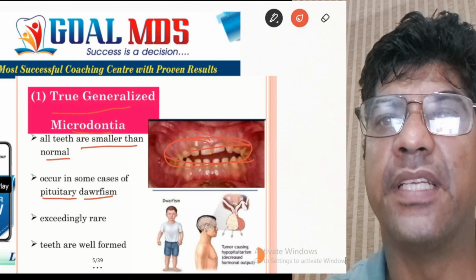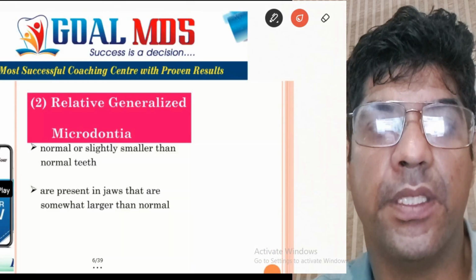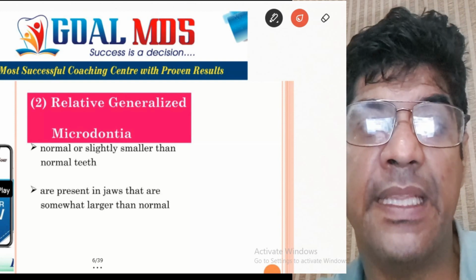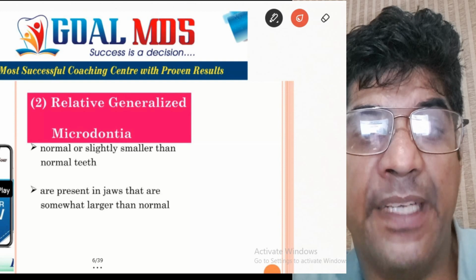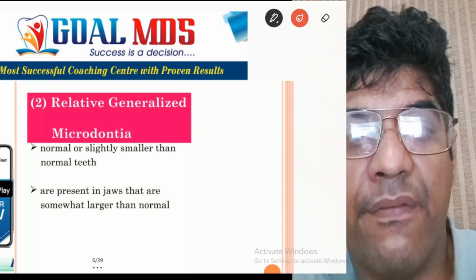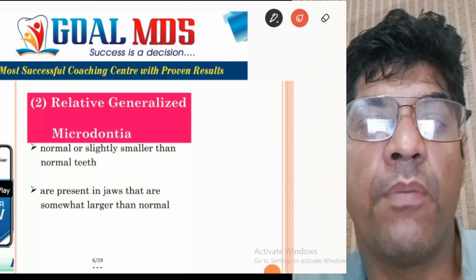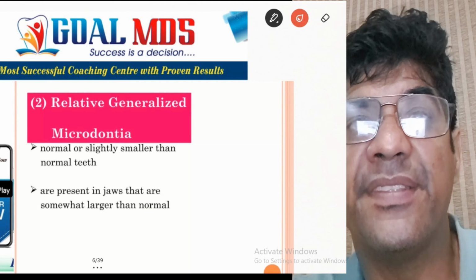The second is the relative generalized microdontia. This refers to a situation where the teeth might appear smaller, but it's because they are crowded within a small jaw. So the teeth are actually of normal size, but they look smaller due to the lack of space in the jaw.